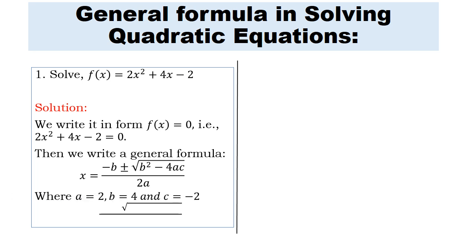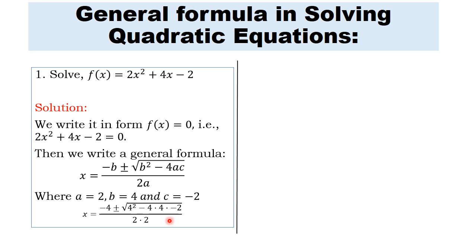So now we're going to substitute these values into our general formula. As you can see, we now have this equation: x is equal to -4 plus or minus under root 4 squared minus 4 times 2 times -2, over 2 times 2.